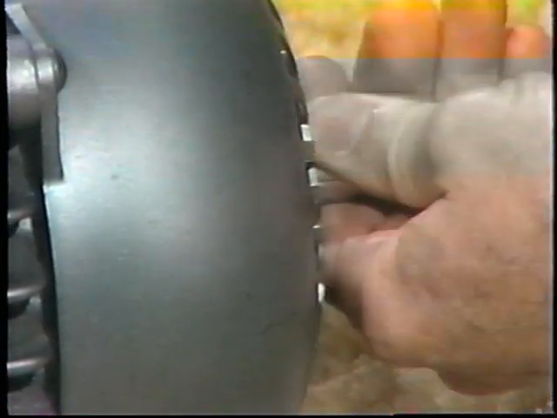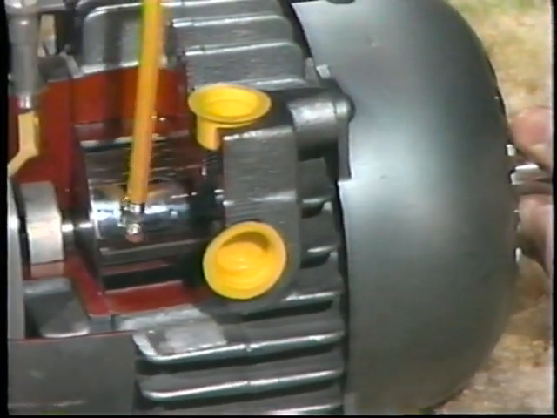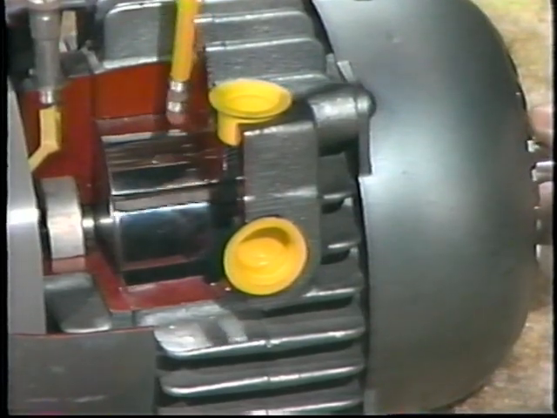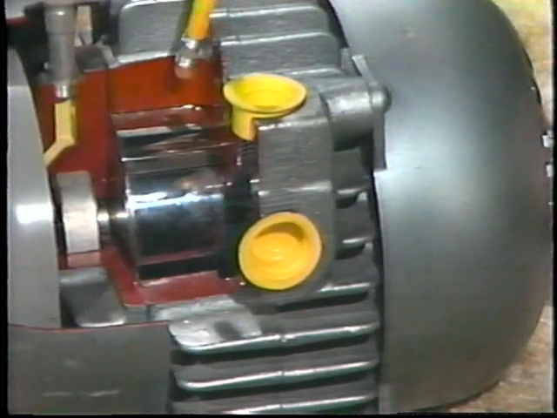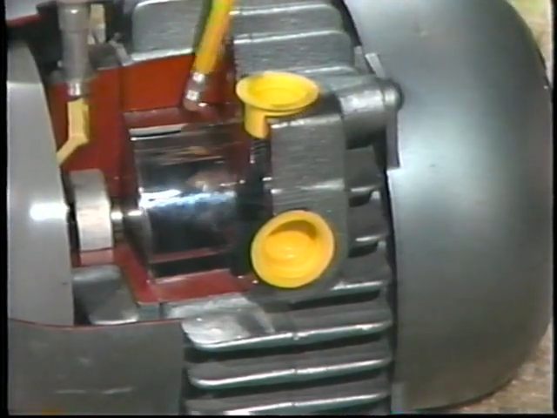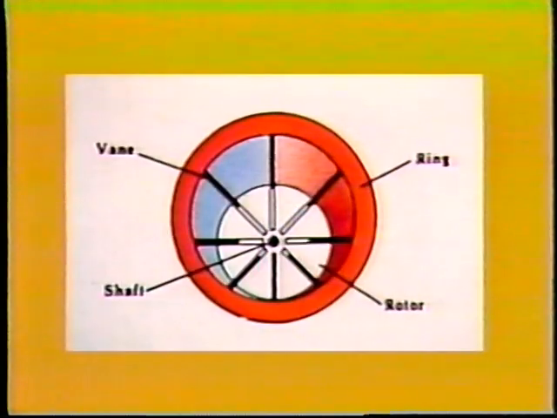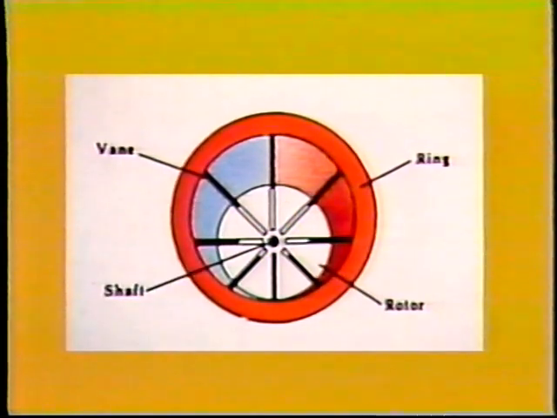As the rotor turns, the vanes here are thrown out by centrifugal force, contact the housing, and form an airtight seal. The shaft is off-center so that the volume between the vanes changes as the rotor turns. You can see that the volume in the area of the inlet port increases as the shaft turns.